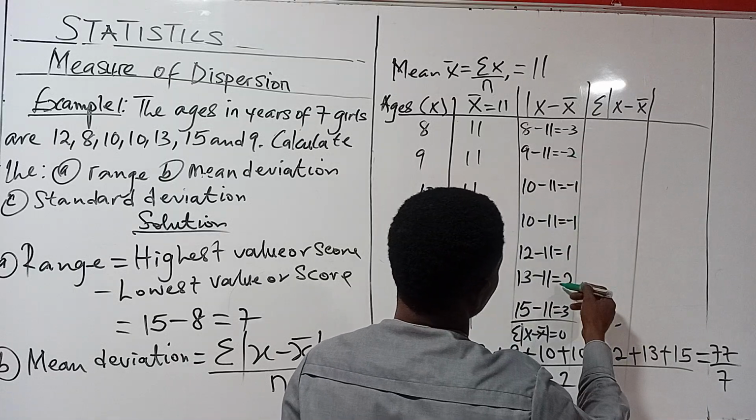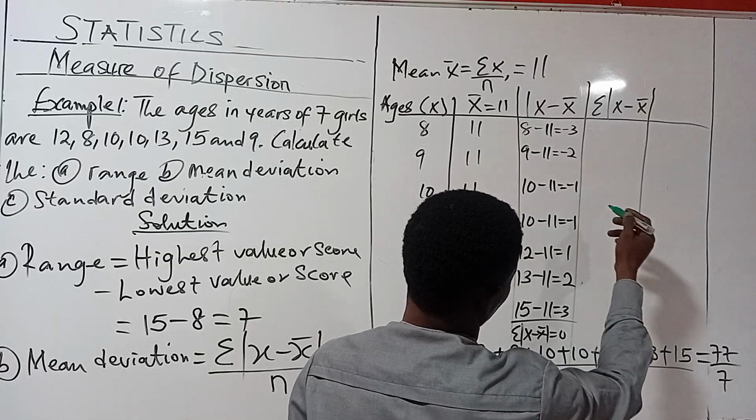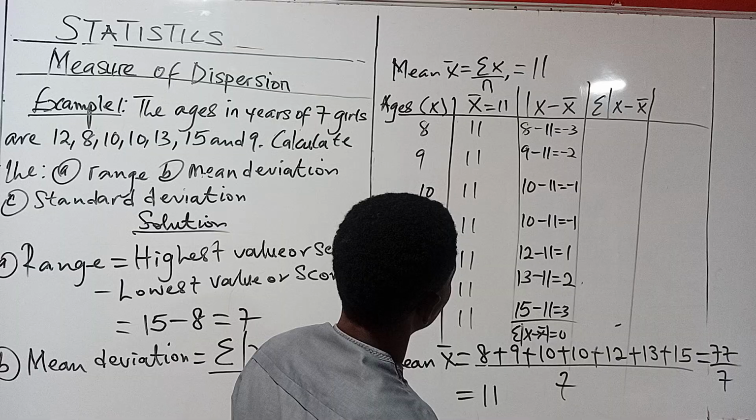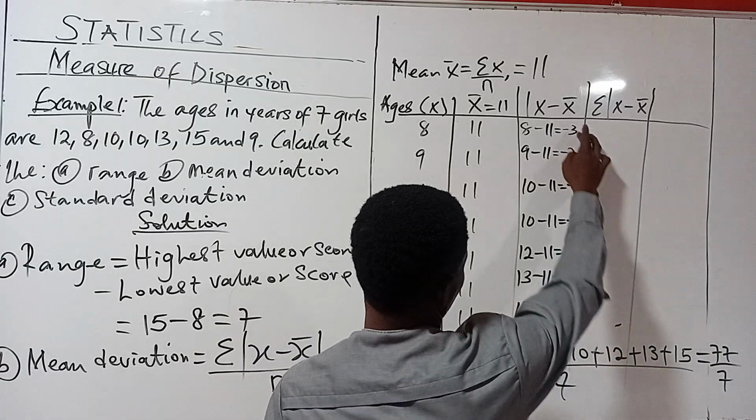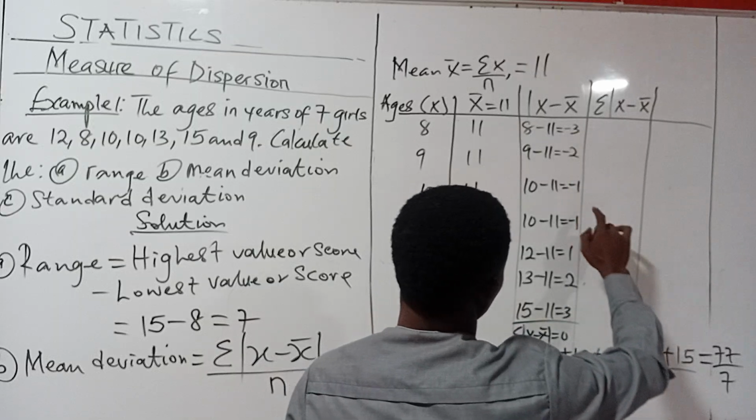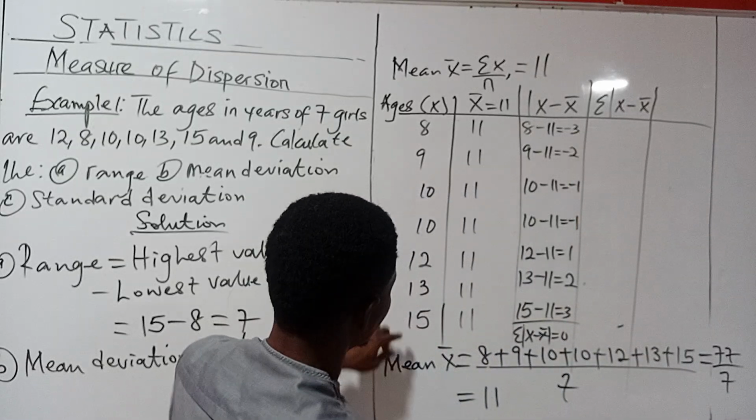But this one we cancel, this one we cancel, this one we cancel. Okay, which other one again? This will go, this will go. Then this one will go. Which one have I not done?